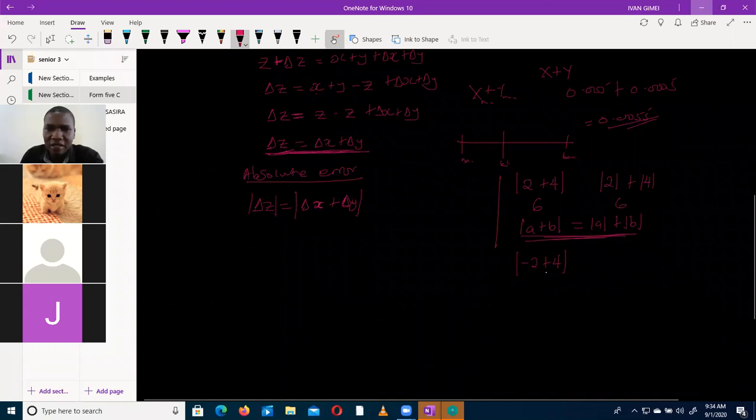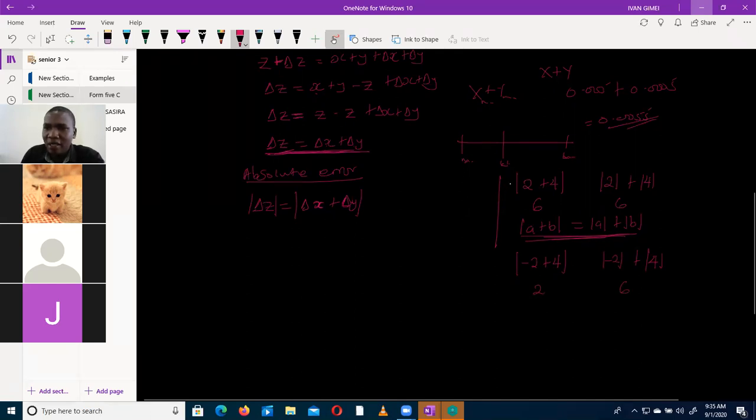What does this give us? Can I have some responses? 2. It gives us 2. Now, what if I have the modulus of negative 2 plus the modulus of 4? What will this give me? 6. This gives me 6.